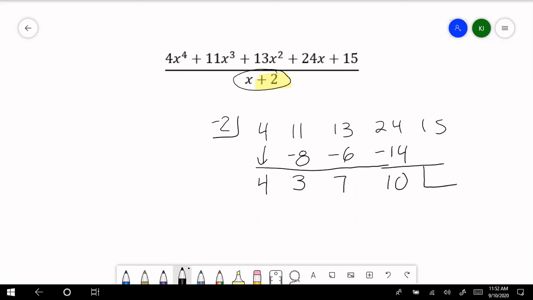Add. Multiply. Add. So bring it down, multiply, add, multiply, add, multiply, add, multiply. So you're just multiplying whatever number here by what's in the box to get your next number.